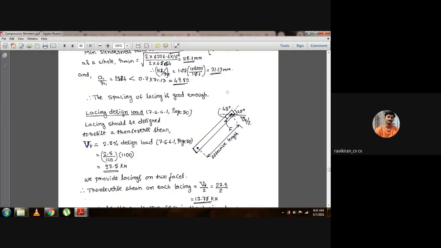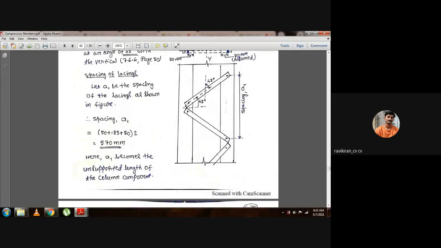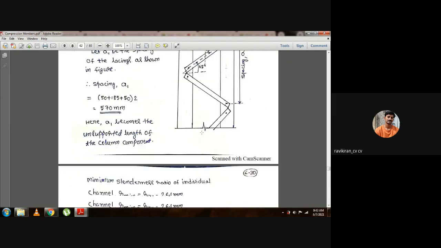The actual force will be 19.45 kilonewton. So now we need to decide what is the width of the lacing. Here, this inclined body, what we are deciding, what is the width of the lacing?